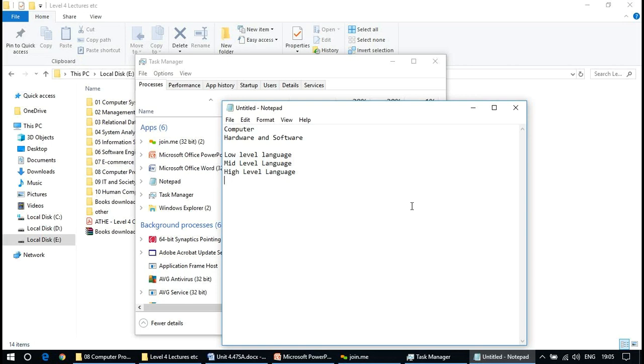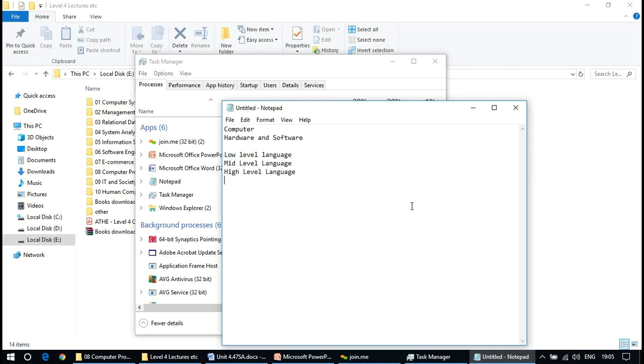Their internal program is written in the low level language, like zeros and ones, because it is a kind of digital device, and a digital device is basically based on 0 or 1, which are on or off.